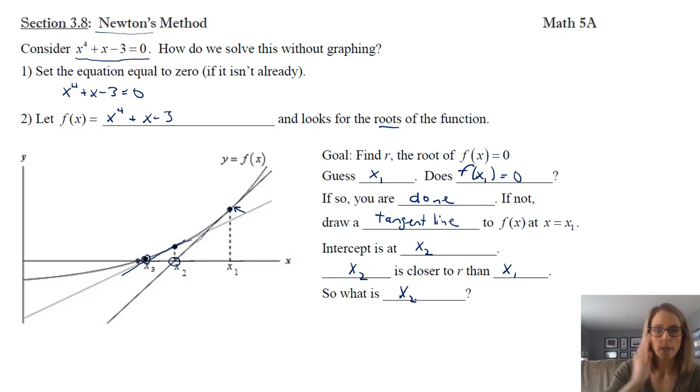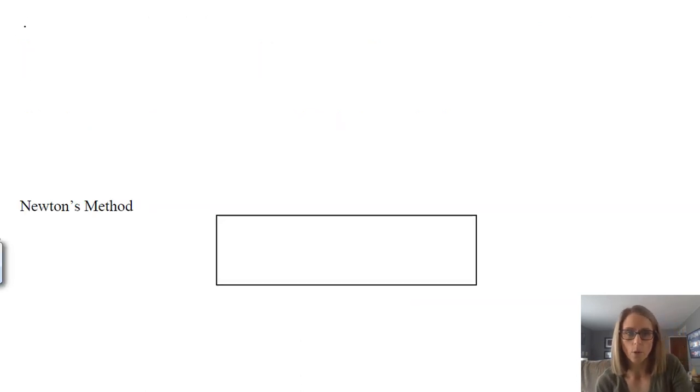So what we're going to think about is the idea of the tangent line. Again, this is where the calculus comes in. So make sure you have this, and I'll be, of course, using the space below. Okay, so the first thing we think about is just the equation of a line that goes through our function at the point x sub 1.